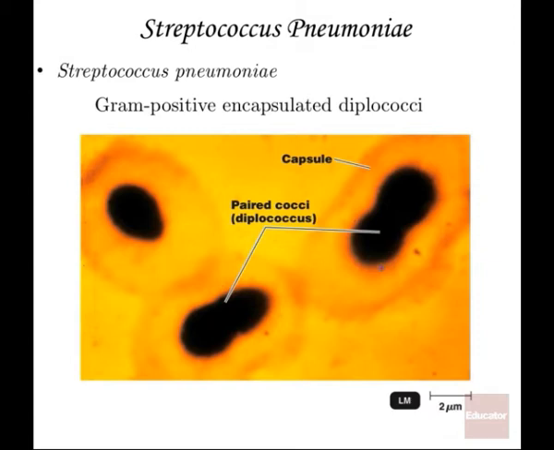It obviously lives in the respiratory tract, and you can see that the capsule is protecting a gram-positive bacteria. Now remember, depending on how these cells divided, they divided in a linear plane, and two of them, the diplococci, are actually surrounded by this gelatinous capsule, which gives it another layer of protection.